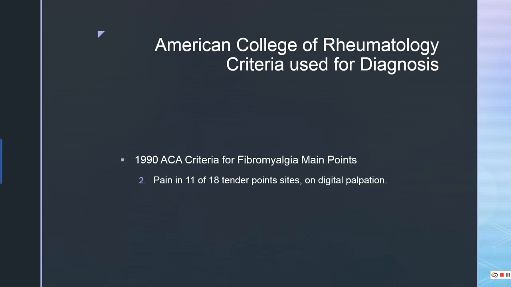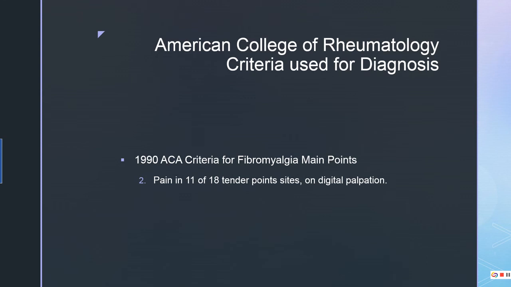Pain in 11 of 18 tender point sites on digital palpation. That means pain on digital palpation must be present in at least 11 of these following 18 point sites. Occiput, bilateral at the suboccipital muscle insertions. Low cervical, bilateral, the anterior aspects of the intertransverse spaces at C5 through C7. Trapezius, bilateral at the midpoint of the upper border.